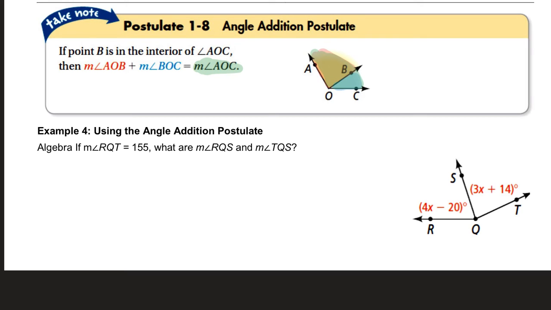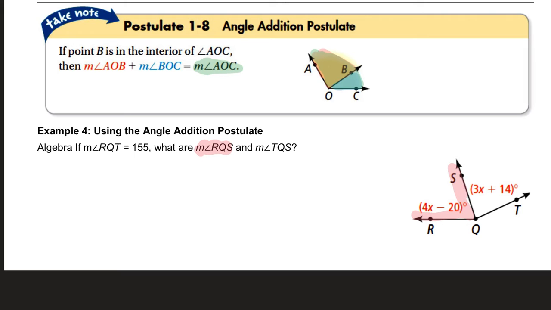So I'm going to do the same process here, where I highlight the two angles and talk about adding their measures together. It says angle RQT, this entire angle, its measure is 155. We want to find the measure of RQS and TQS. So I'm going to highlight the interior of RQS using red just to illustrate this.